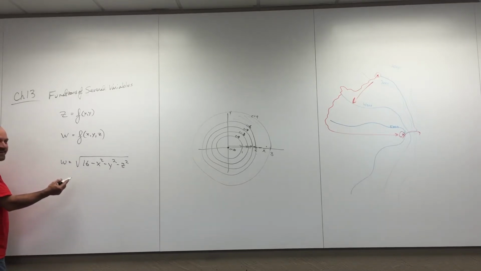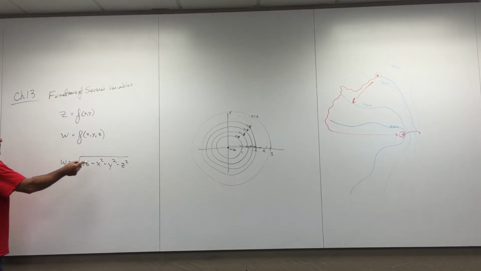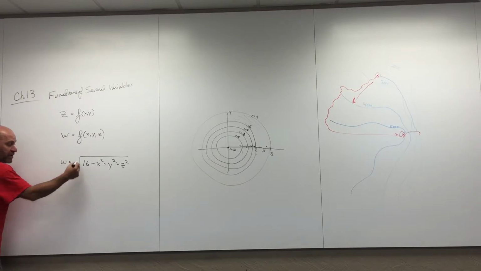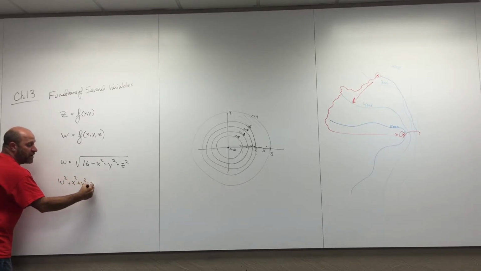It's not a sphere. It's the four-dimensional analogy to a sphere. Again, if you squared both sides, you'd get w squared equals 16 minus x squared minus y squared minus z squared. Then move everybody over. You get w squared plus x squared plus y squared plus z squared equals 16.